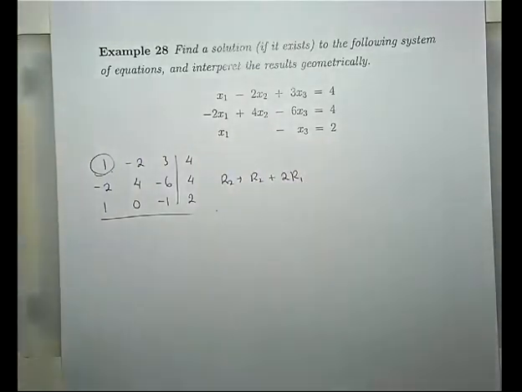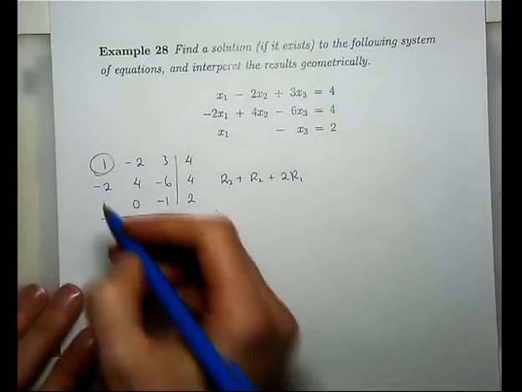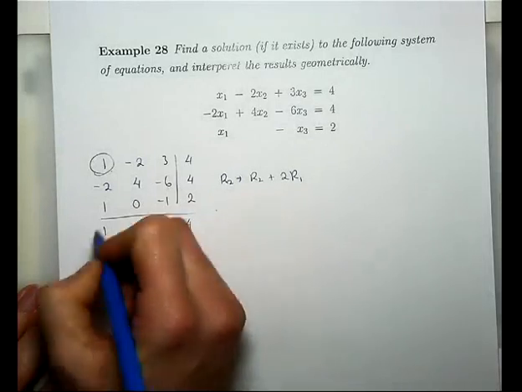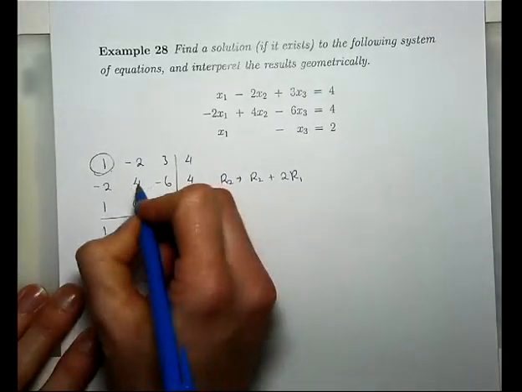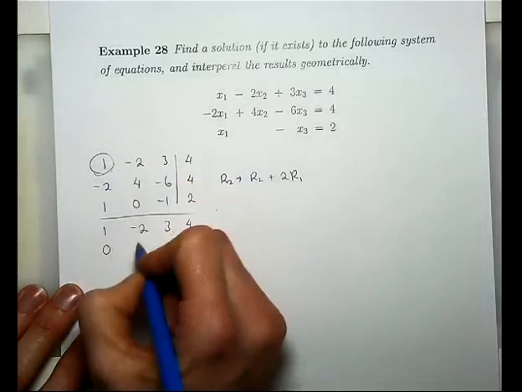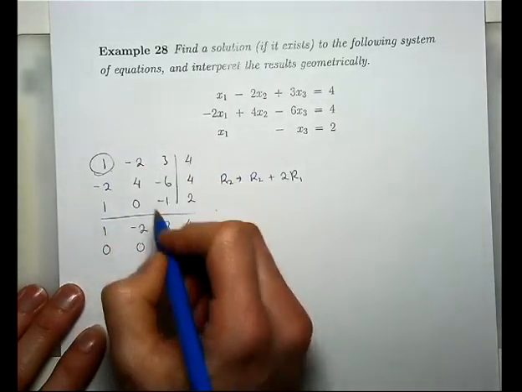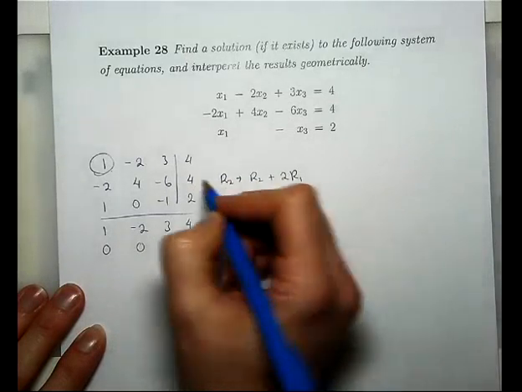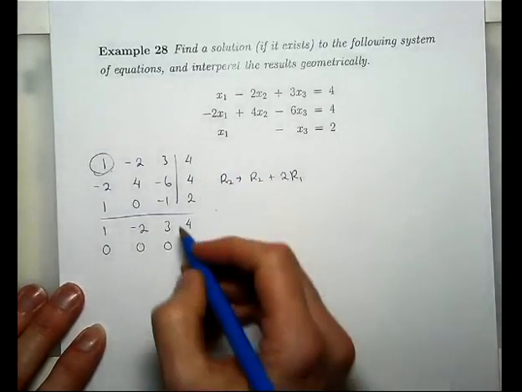Okay, row 2 goes to row 2 plus 2 row 1s. Minus 2 plus 2 gives us 0. Minus 2 plus 2, 4, minus 4, minus 6 plus 6, 4 plus 8.